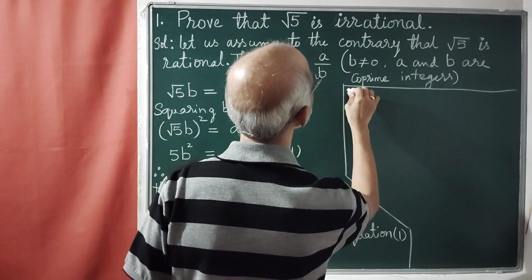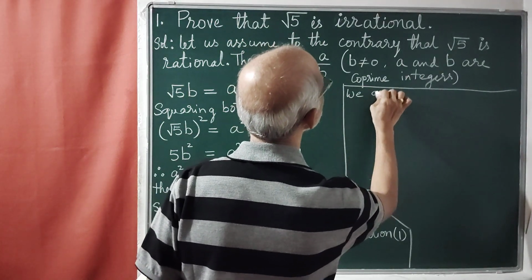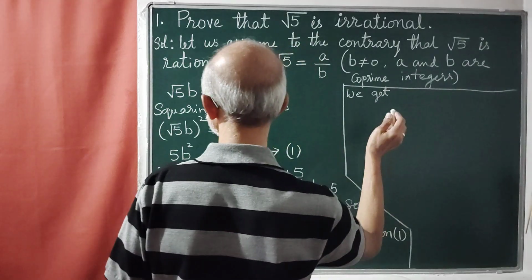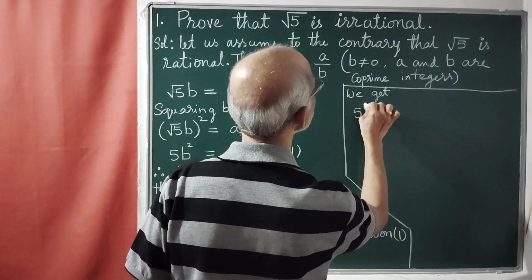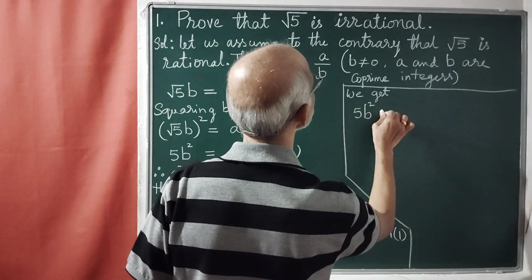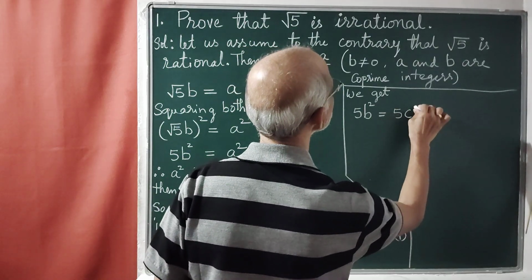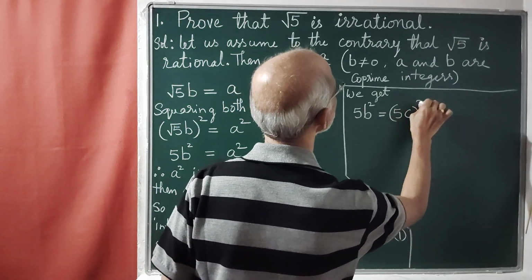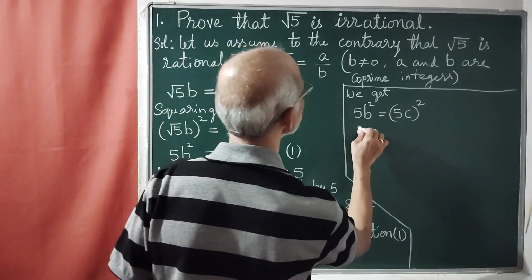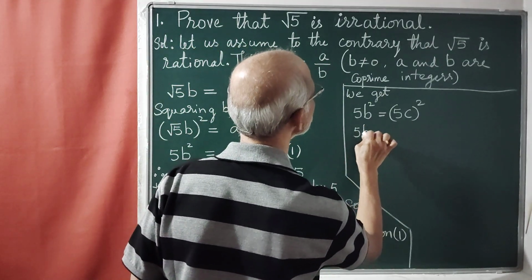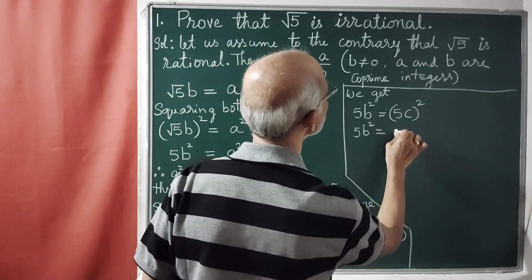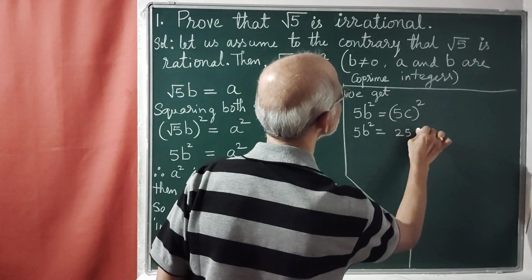So when we substitute the value of a in equation 1, we get 5b square is equal to 5c whole square. So 5b square is equal to 25c square.